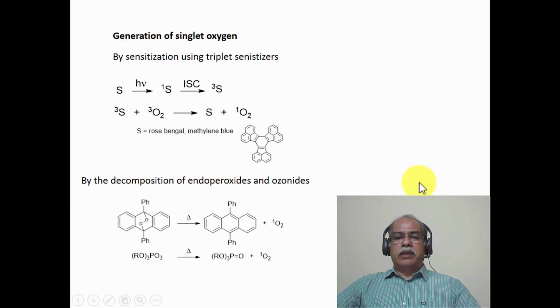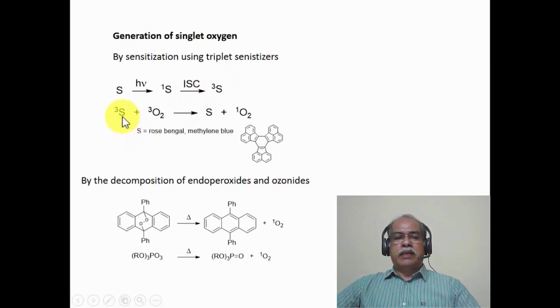Now let us have a look at the kind of reactions that singlet oxygen can undergo. Before that, let us see the production of singlet oxygen. Singlet oxygen is most conveniently produced by a dye-sensitized reaction. In other words, a suitable sensitizer is excited to the higher excited singlet state, and this kind of dye has a very high intersystem crossing efficiency, going to the corresponding triplet state.